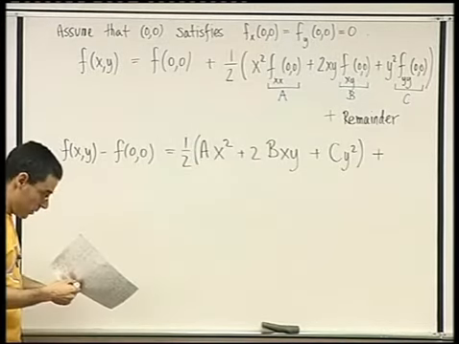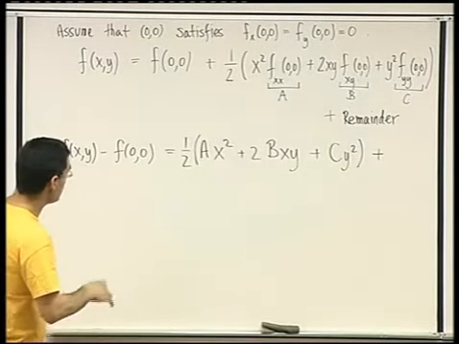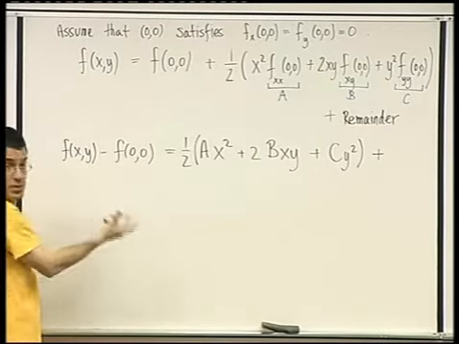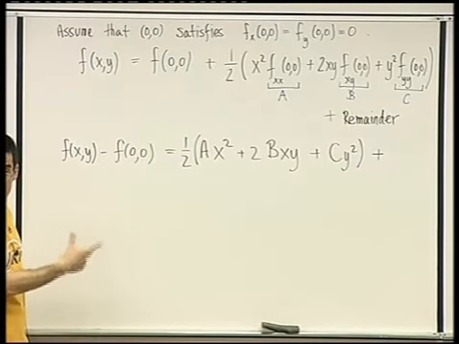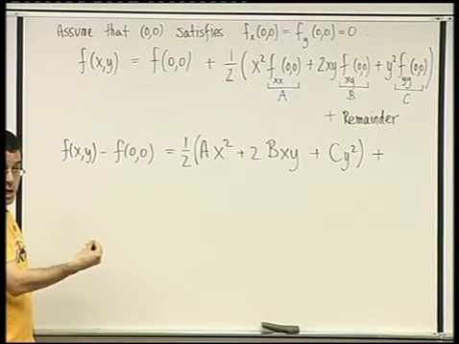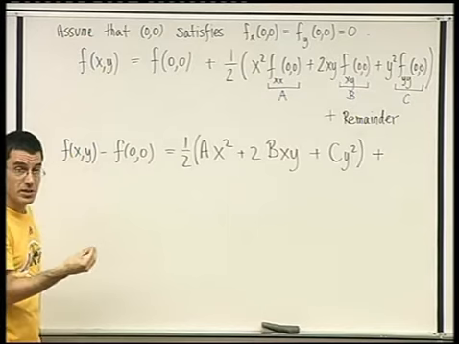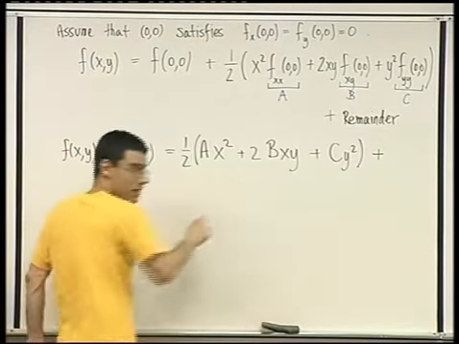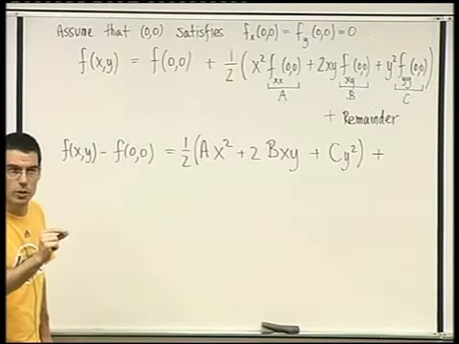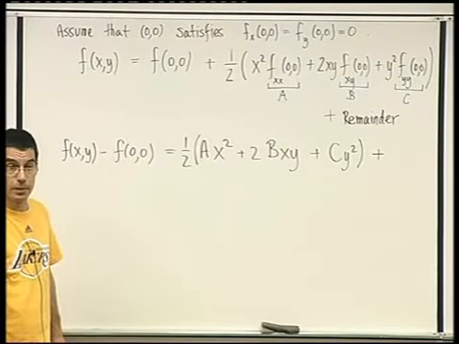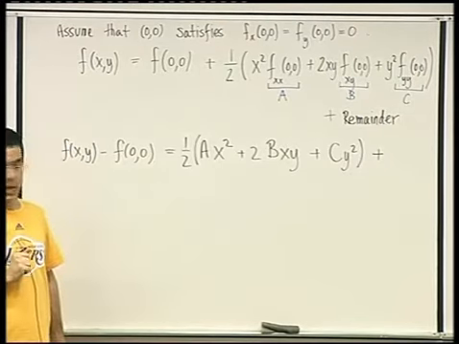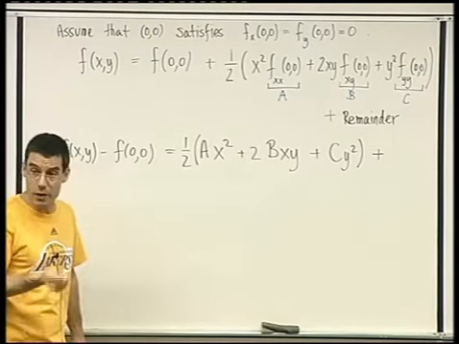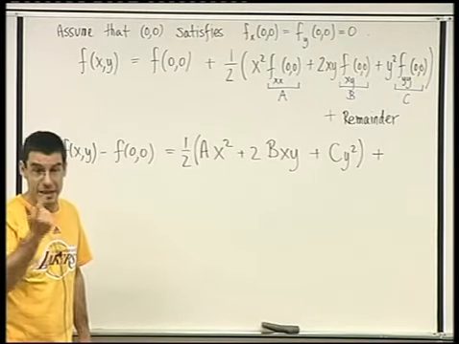Why are they negligible? Think that I'm looking at x's and y's which are close to (0,0). Being close to (0,0) means that both x and y are small. When I raise them to powers, what happens to numbers that are smaller than 1? They become even smaller. So when I take something, let's say 1 over 100, if I square it, I get 1 over 10,000.